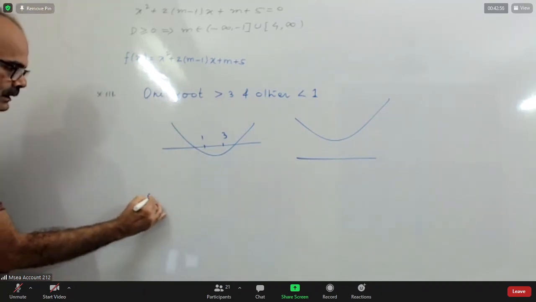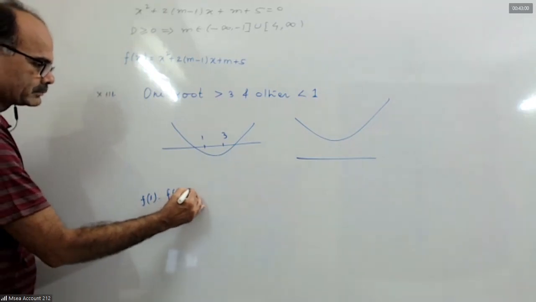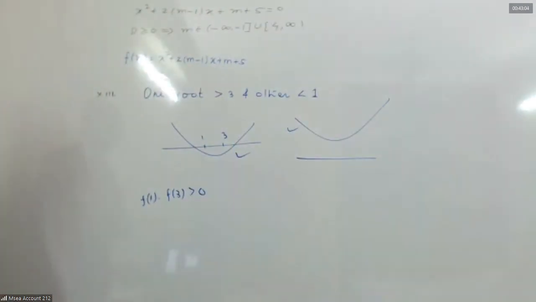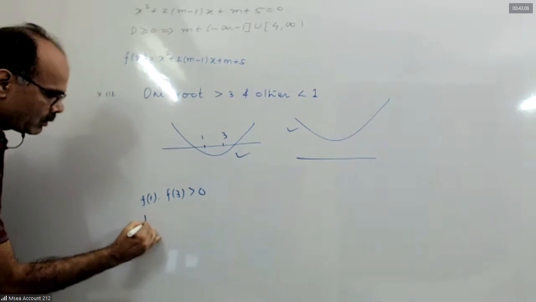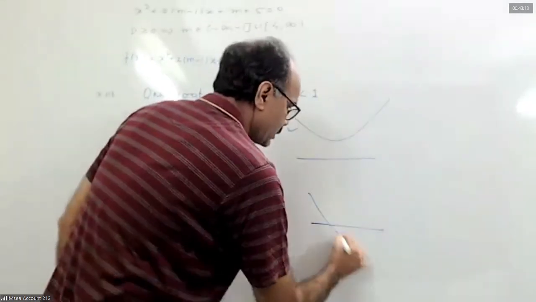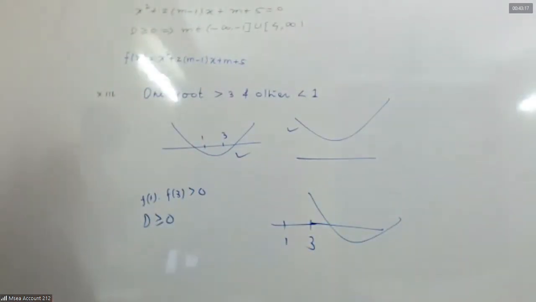F1 into F3 is greater than 0. It will cover this as well as this. Now, what condition we need to impose? Discriminant is greater than or equal to 0. Now it has come down. Now one can be here, one can be 3. This graph also it will satisfy.